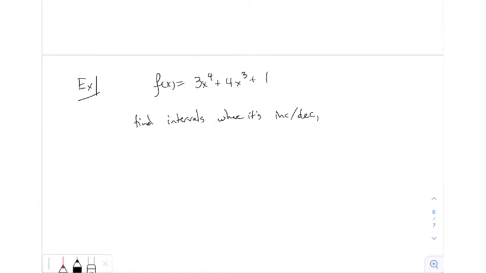And also find x values for the local, I'll use a fancy word, the local extrema. That means minimum and maximum points. All right? These are two different questions, but they both can be answered directly from that chart. So basically, the bulk of this is making the chart, and then you just read these two answers straight off the chart at the end. All right? See what you think.